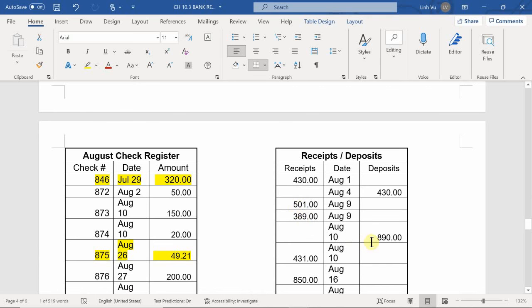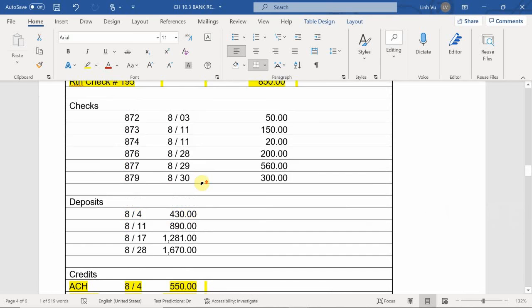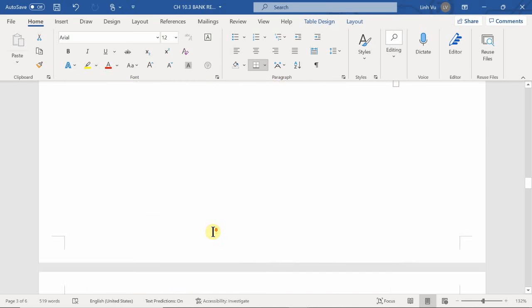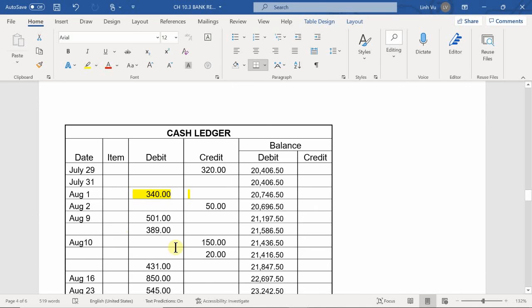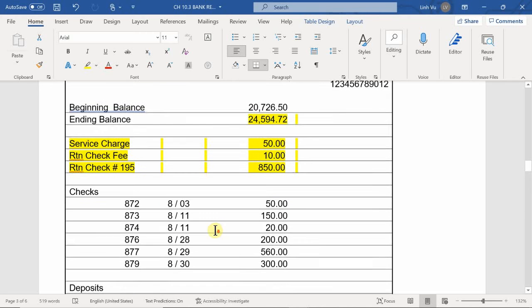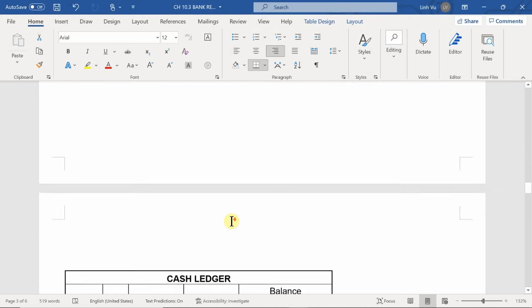Here it is. I deposited a total of $890. Did that go through? Yes, it did. Then here I wrote a check out for 150 and another one for 20. Did that clear? 150 and 20? Yes, it did.